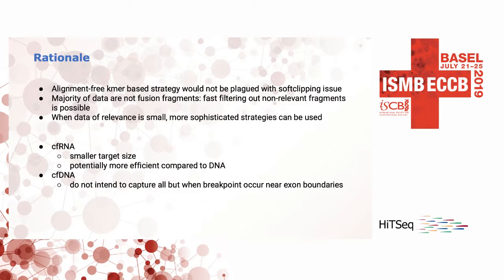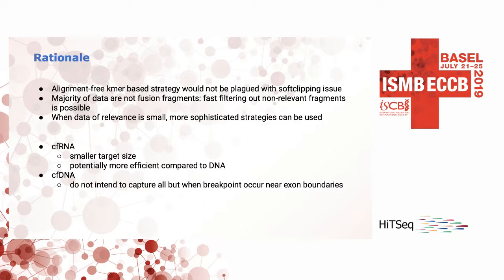So we have the rationale before developing this tool. We consider that an alignment-free, k-mer-based strategy would not be plagued with soft clipping events, which confound the existing aligners. Because the majority of the data are actually not fusion fragments, we think it's possible to rapidly filter out the majority of the data.